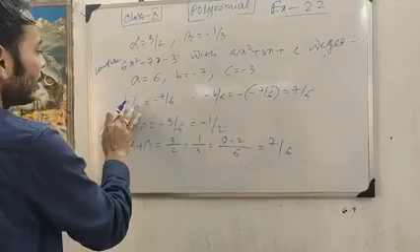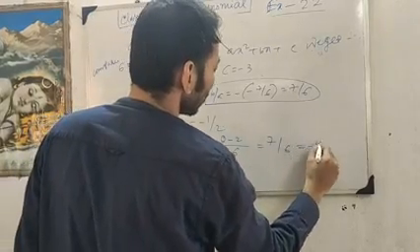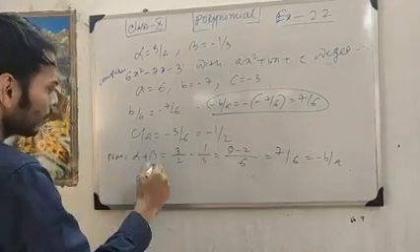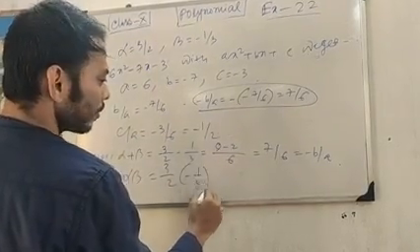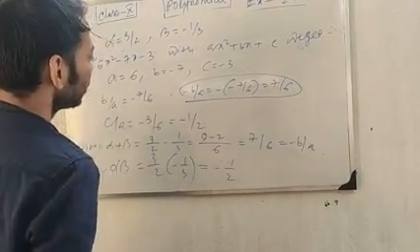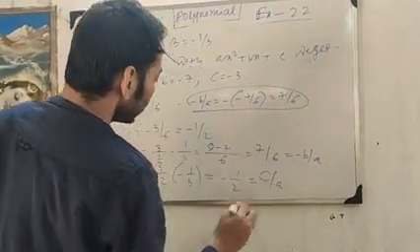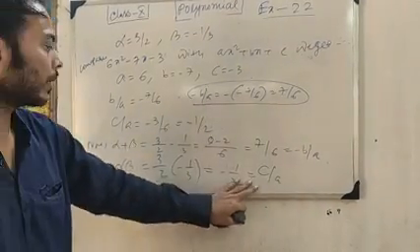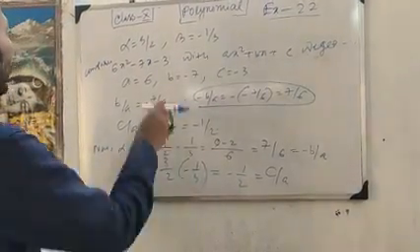That means it matches the minus b by a value. Again the product of zeros, alpha beta, equal to 3 by 2 into minus 1 by 3 equals minus half. That means it also matches the value of c by a. So alpha plus beta equals minus b by a and alpha beta equals c by a. So the relationship between the zeros and the coefficients is verified.